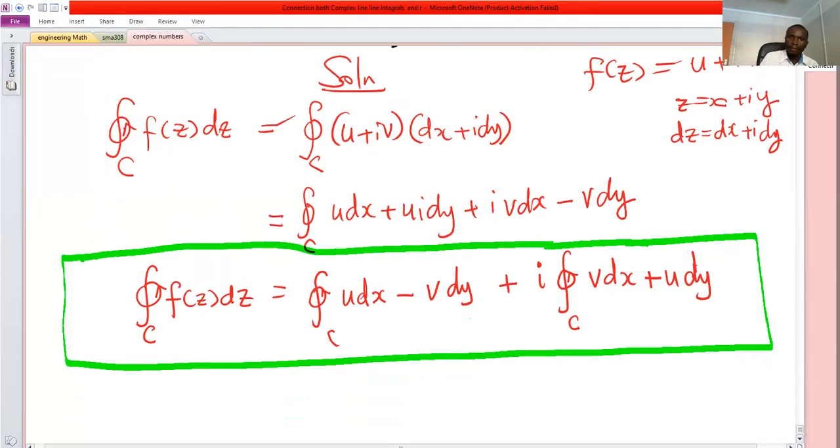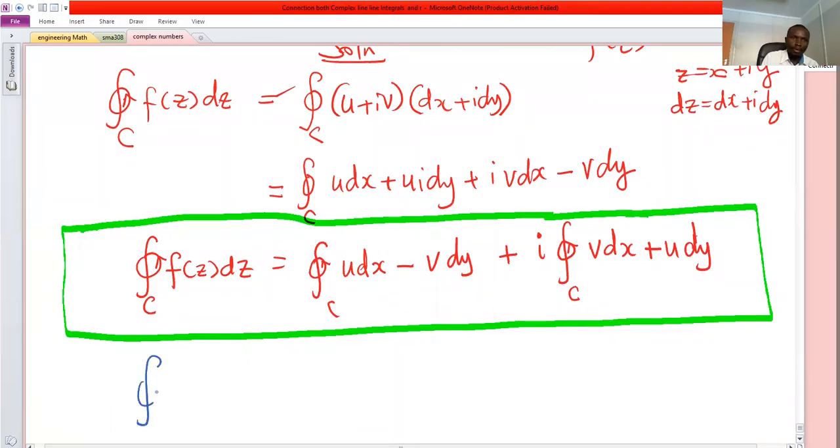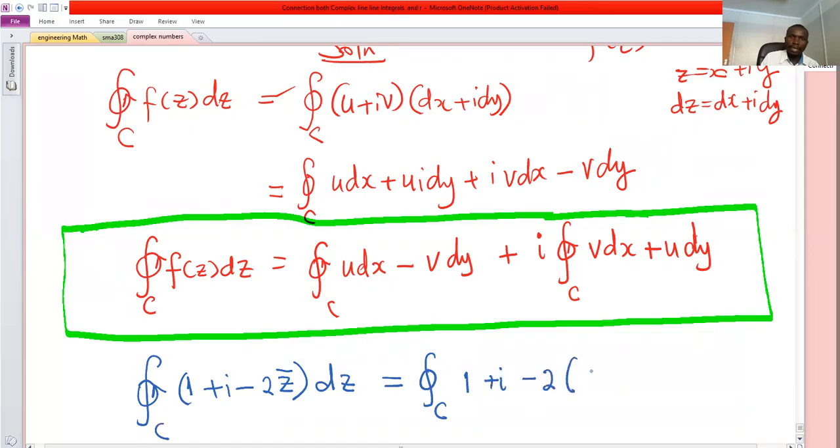So we are given that our integral is of the form (1 + i − 2 z̄) dz, which is the same thing as saying the integral of (1 + i − 2(x − iy)), where z̄ is x − iy by definition, and dz is the same as dx + i dy.